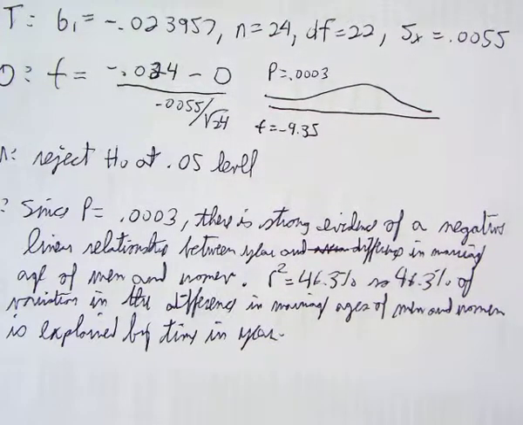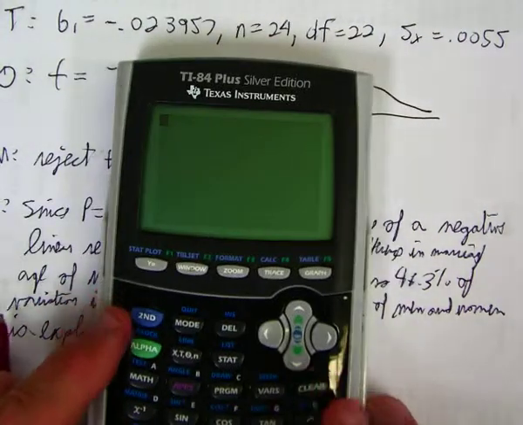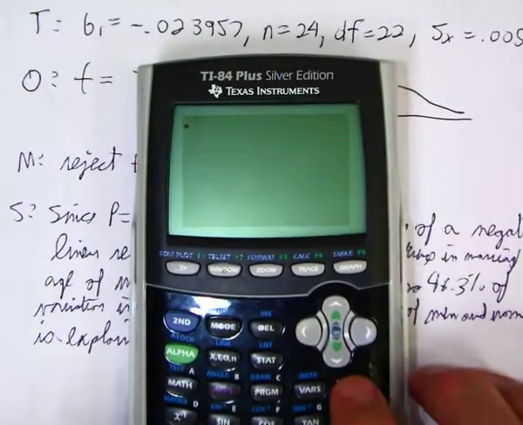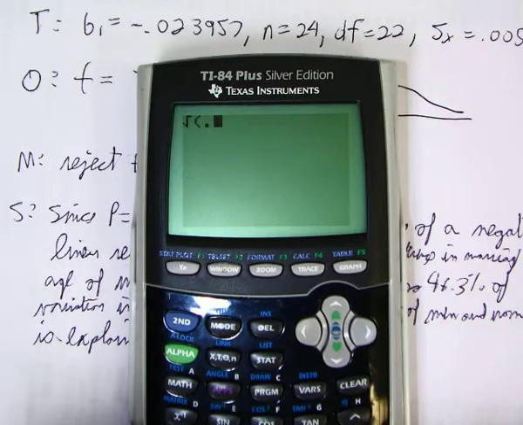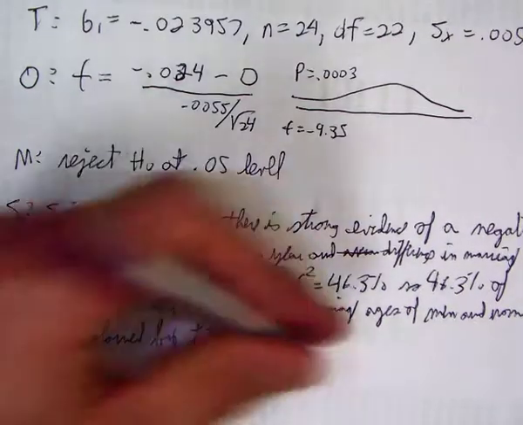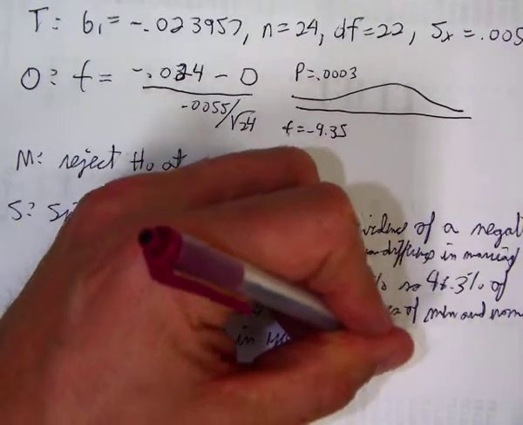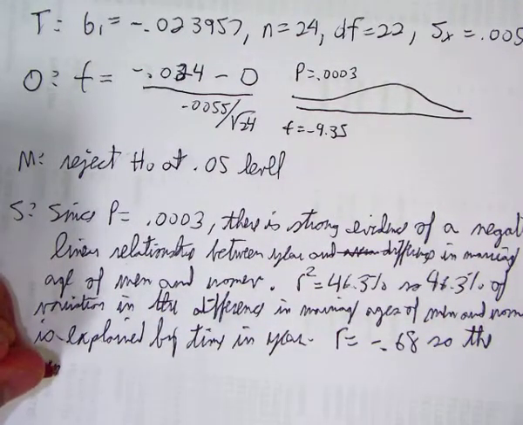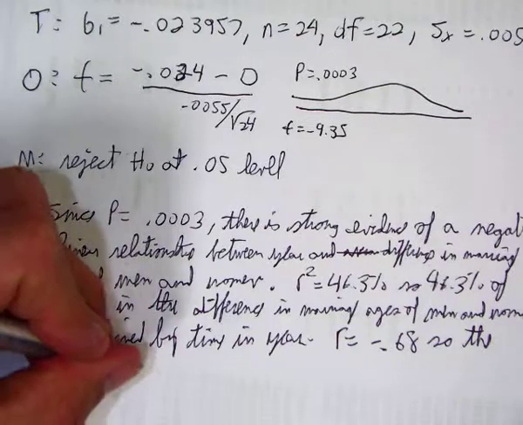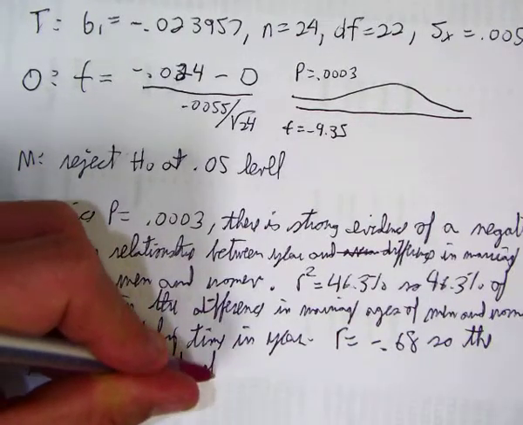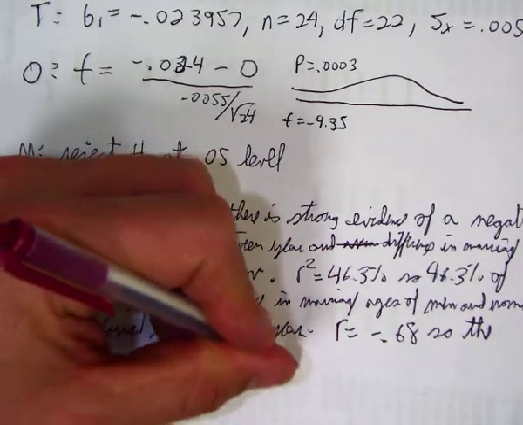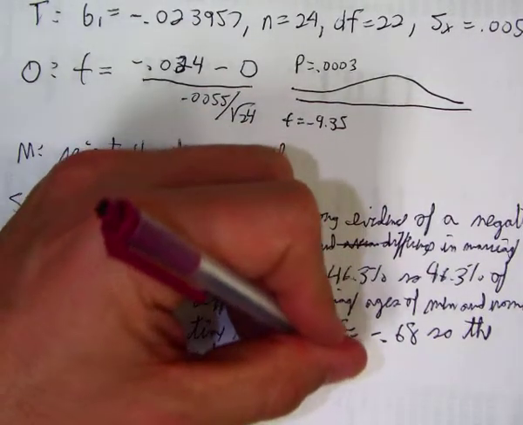And then to get R, I would just do the square root of 0.463. And in this case, R is going to be negative 0.68. So the trend is a negatively moderate trend. Okay.